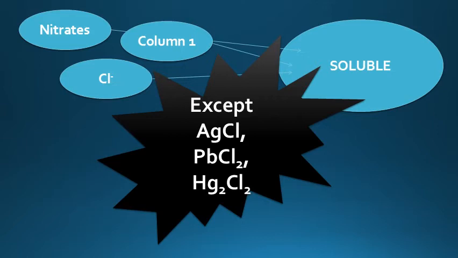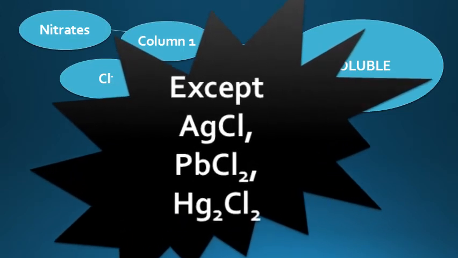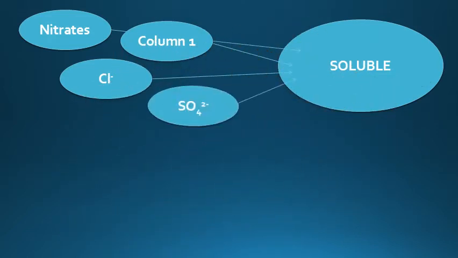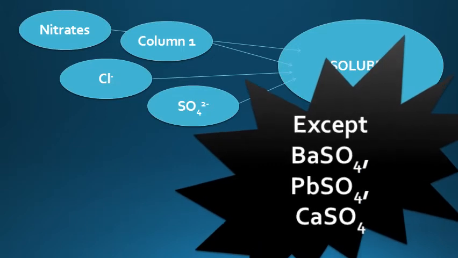These are all insoluble. You do not need to memorize that, but you do know how to use the chart I gave you. Sulfates are always soluble, except those with barium sulfate, lead 2 sulfate, and calcium sulfate. Those are insoluble.